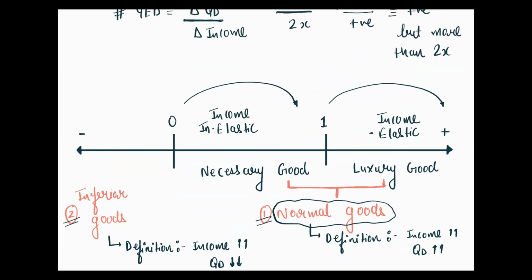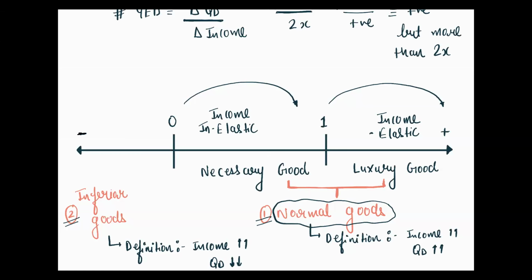So this is the straight line from which you can easily understand income elasticity of demand. There are only two things: inferior goods and normal goods. Normal goods have a category of necessary and luxury. Here I have plotted a number line, on which you can easily plot income elasticity of demand.